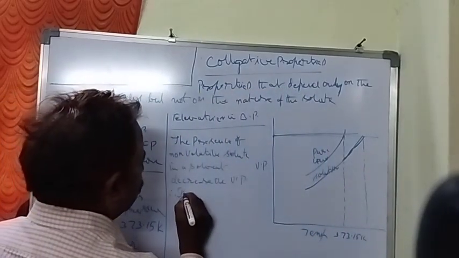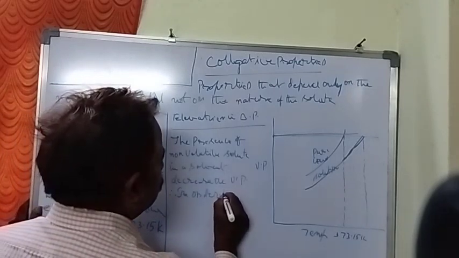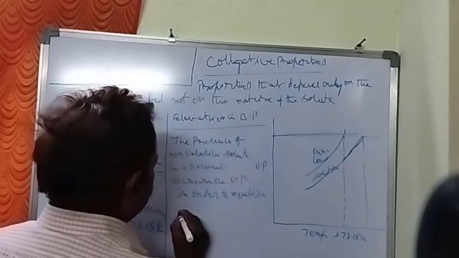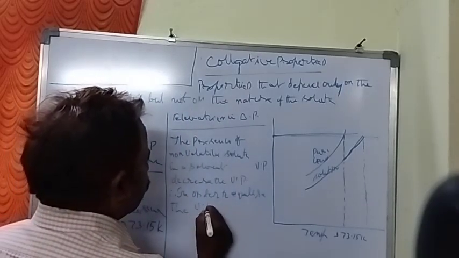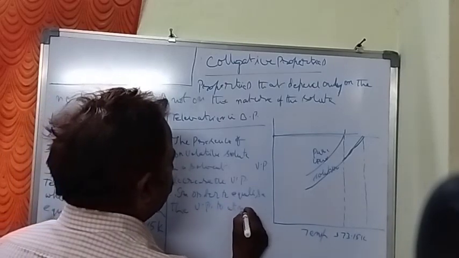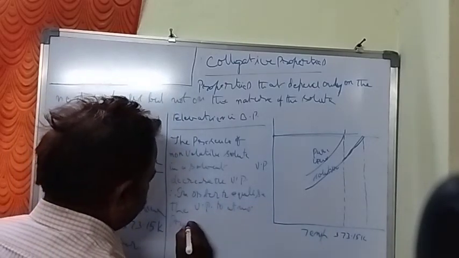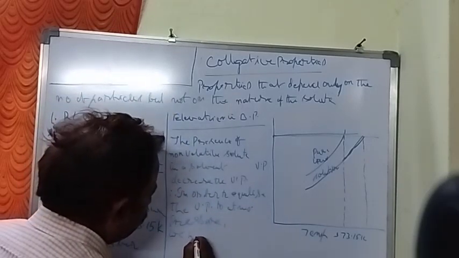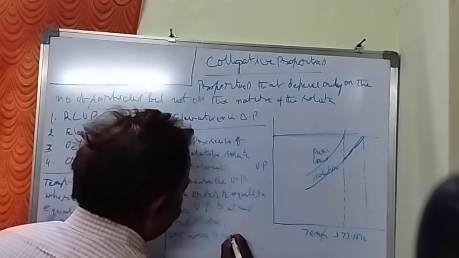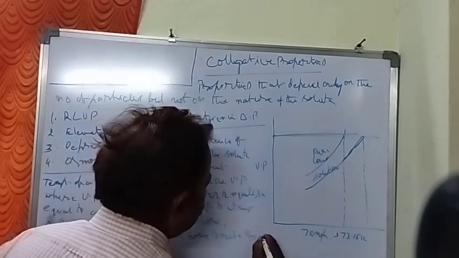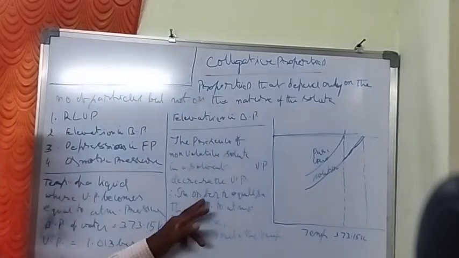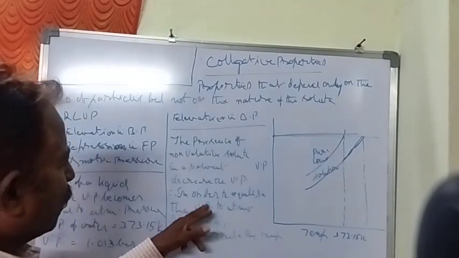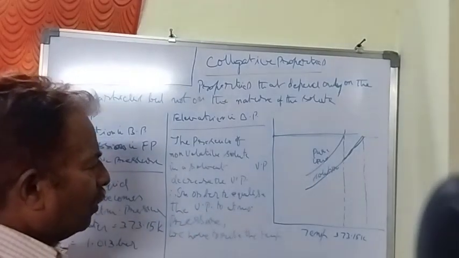Therefore, as a non-volatile solute is dissolved in the pure solvent, we have to raise the temperature to equalize the vapor pressure to atmospheric pressure.